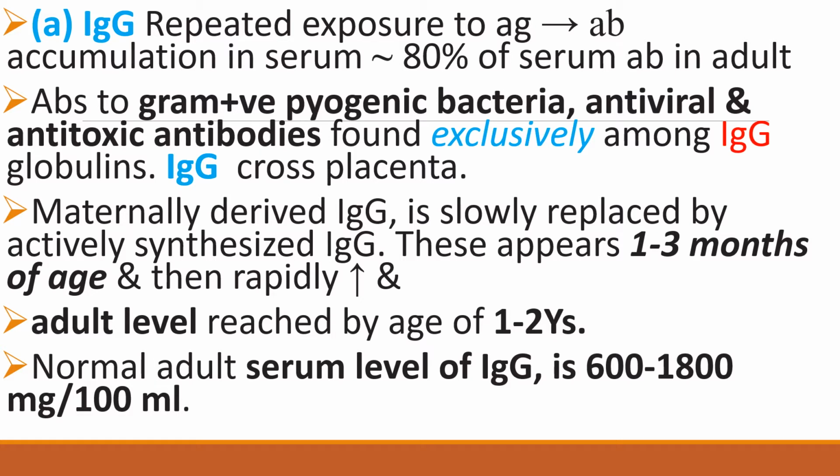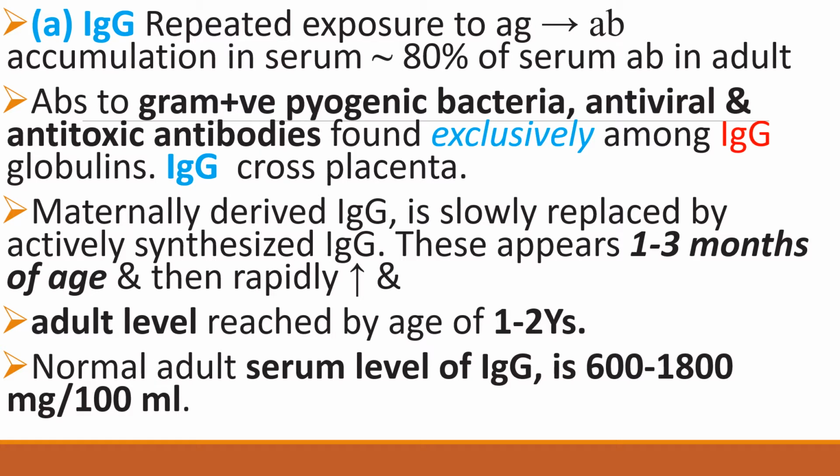IgG crosses the placenta. Maternally derived IgG is slowly replaced by actively synthesized IgG. This appears at 1 to 3 months of age and then rapidly increases. Adult level is reached by age of 1 to 2 years.